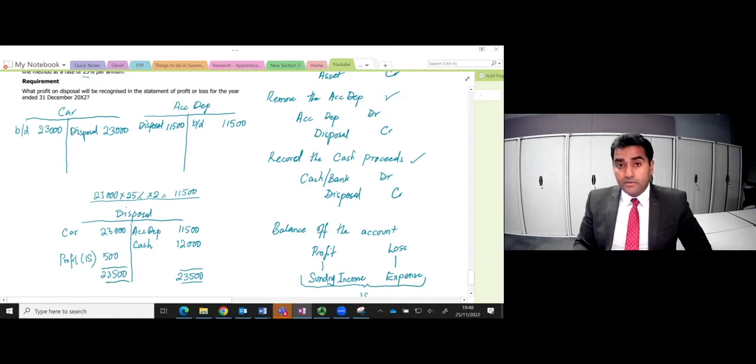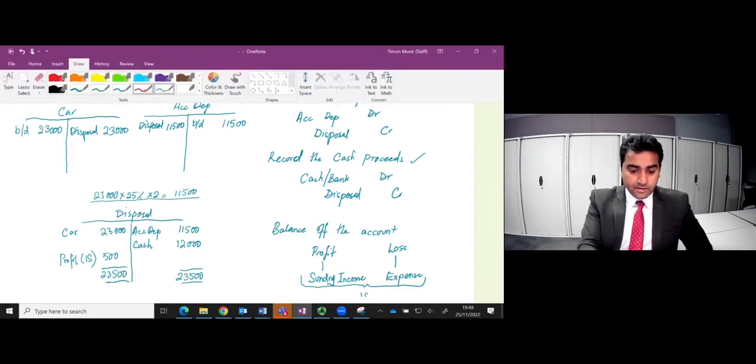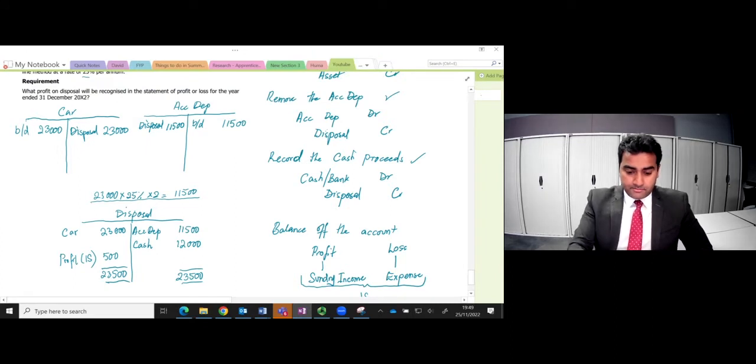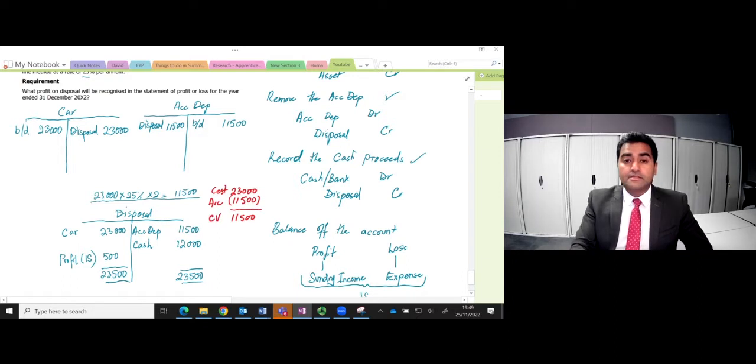The other easy way to find out if we have made profit or loss on this account is, I'm going to change the color of my marker. The value of the asset was 23,000, the cost. The accumulated depreciation is 11,500. So let's work out the difference. 23,000 take away 11,500 is 11,500, and that is the carrying value of the asset.